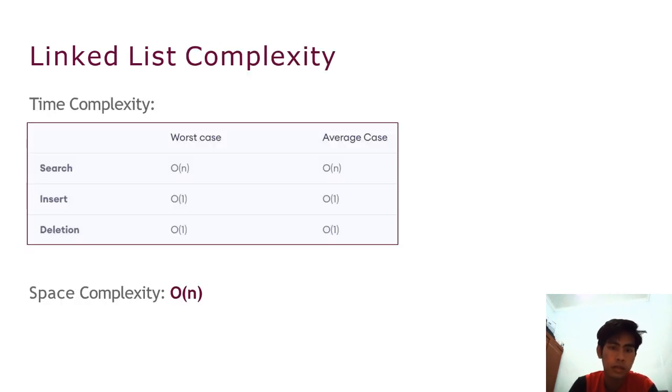Linked list complexity. Time complexity: search is O(n) worst case, average case O(n); insert is O(1) worst case, average case O(1). Space complexity: O(n).